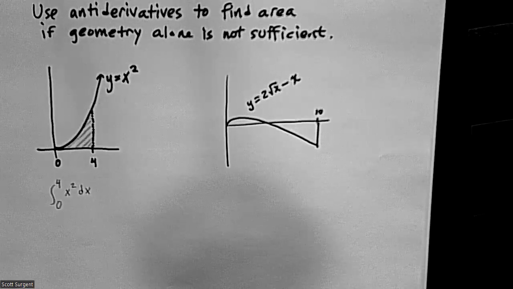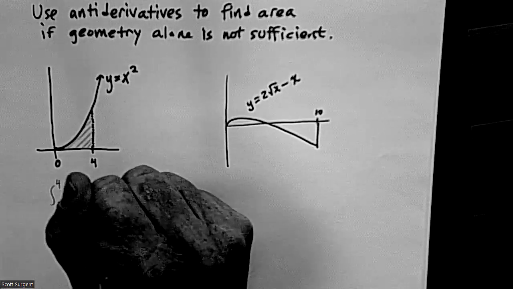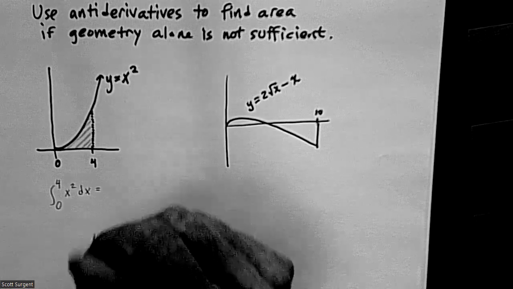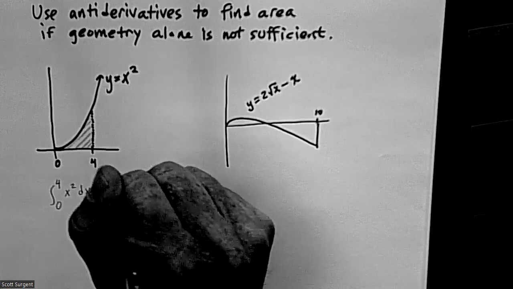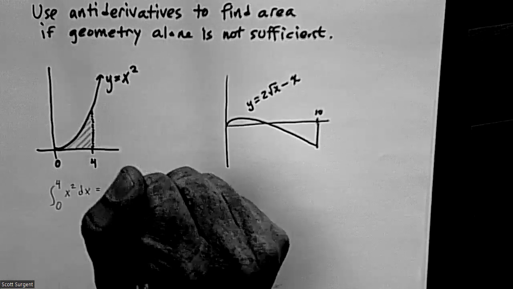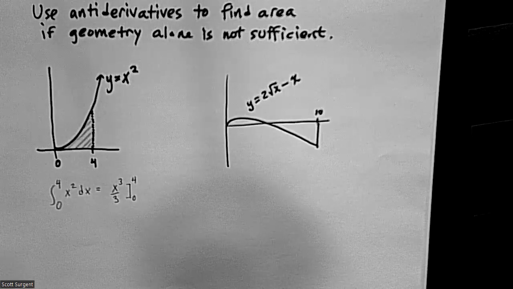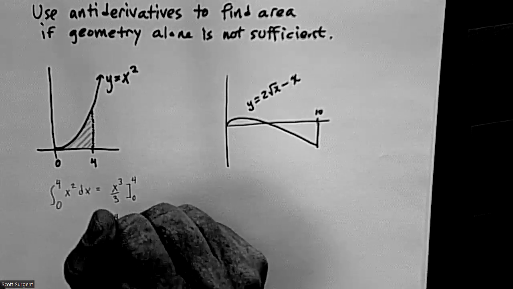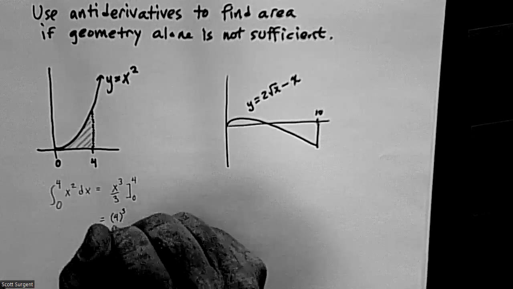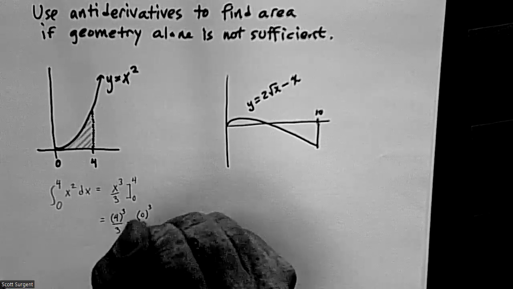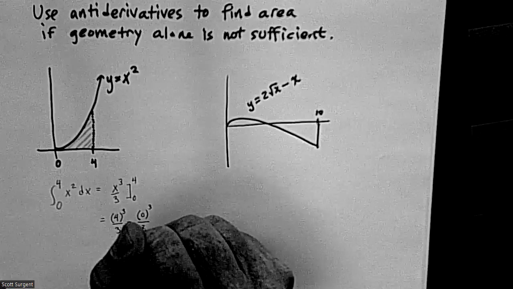All right. The antiderivative of x squared, you do the power rule, which is you add 1 to the exponent, and then you divide by that new exponent. I put that bracket there with the 4 and the 0. I put the 4 in to the x, and then I put the 0 in to the x, and I subtract.